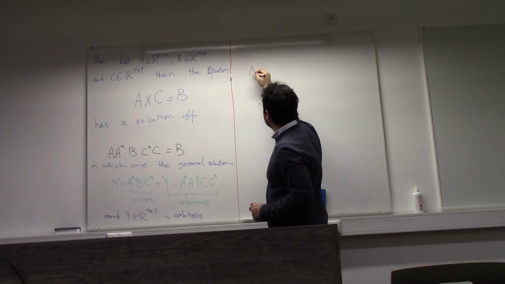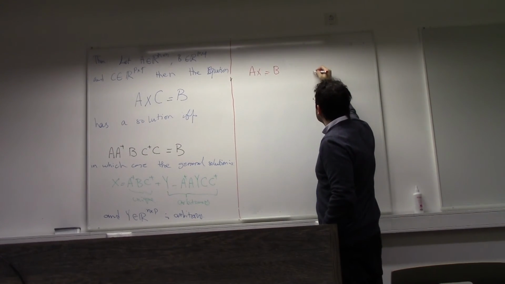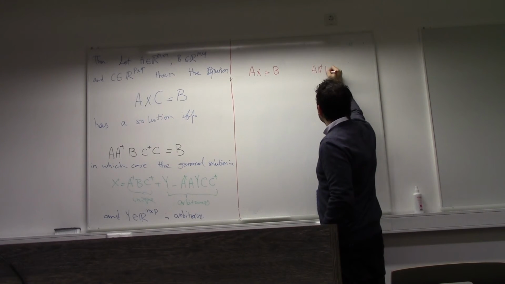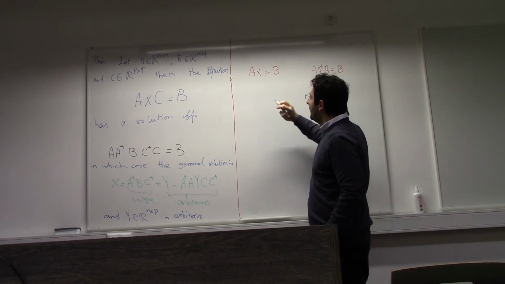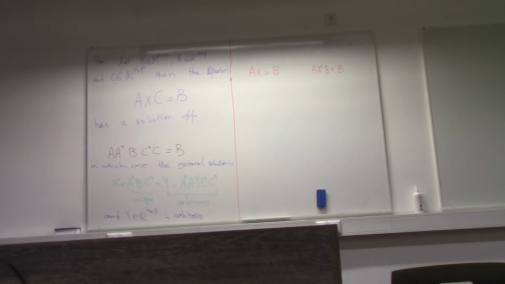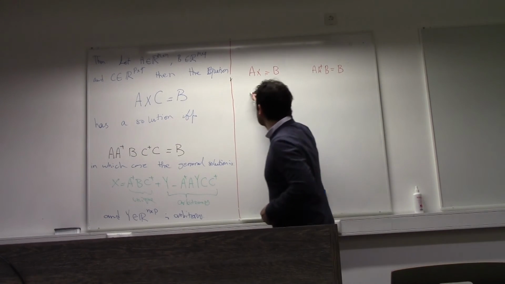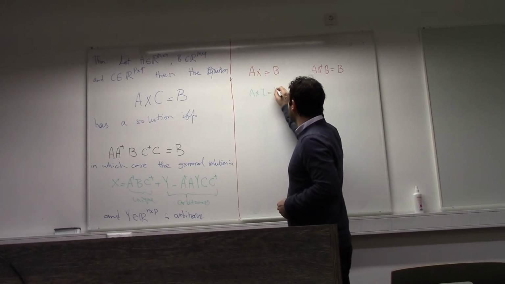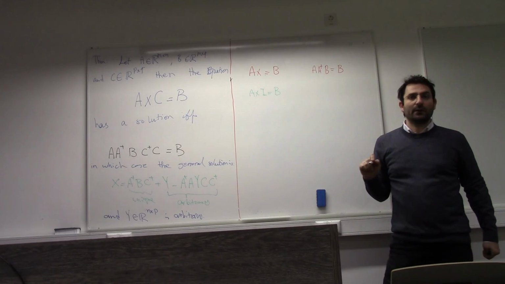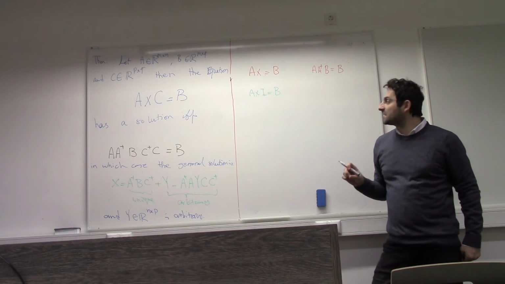There we had AX equal to B, and the condition was that A A plus B is equal to B. If you want to write it in the general form, it's actually AXI equal to B, where I is a non-singular square matrix.